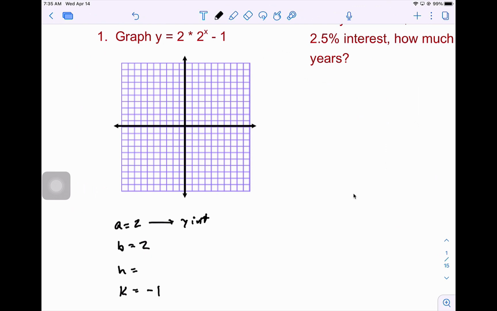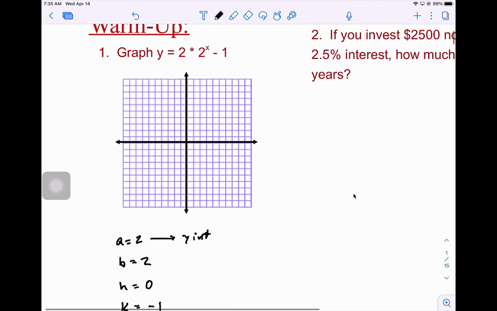Do I have one? No, I don't. So H is actually 0. I'm looking at the actual equation, and there's nothing else up with the x in the exponent. There's no x plus something or x minus something. That's the value of H. The -1 at the end, that's your K value. That's what shifts everything up and down.